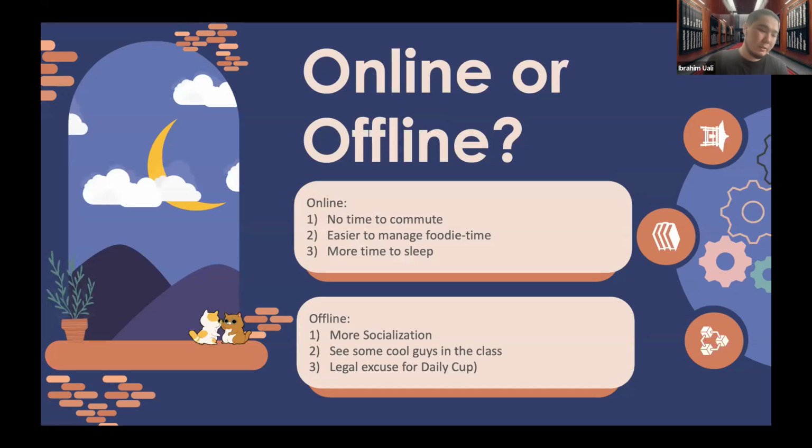But in offline, there are some pros too. You have more socialization. You can see some cool professors or guys in the classroom, and you have a legal excuse to go to Daily Cup, because we all love Daily Cup and it's a very cool thing. I would say here, when addressing time management online or offline, you should again address your frustration. What frustrates you the most about online or about offline, try to find that spot, address it, and you're done.